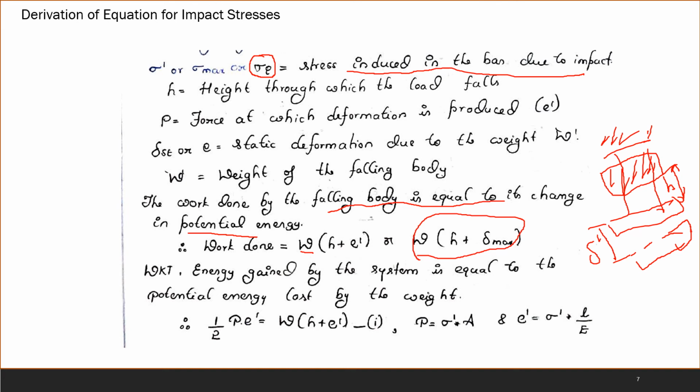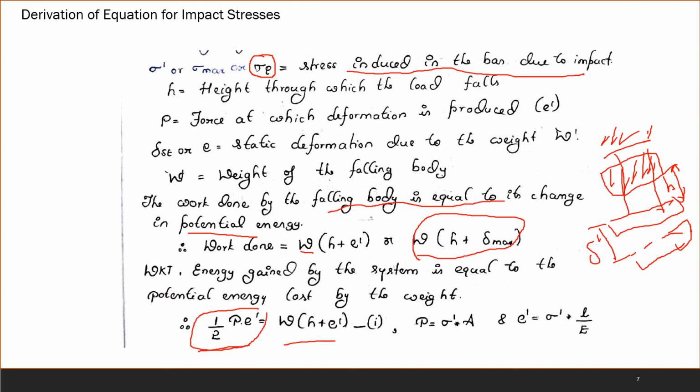This is the total potential energy. Now when the load strikes the body, this total potential energy is absorbed by the system. Therefore, half into P into delta is equal to W into h plus delta dash. That is the work gained by the system.